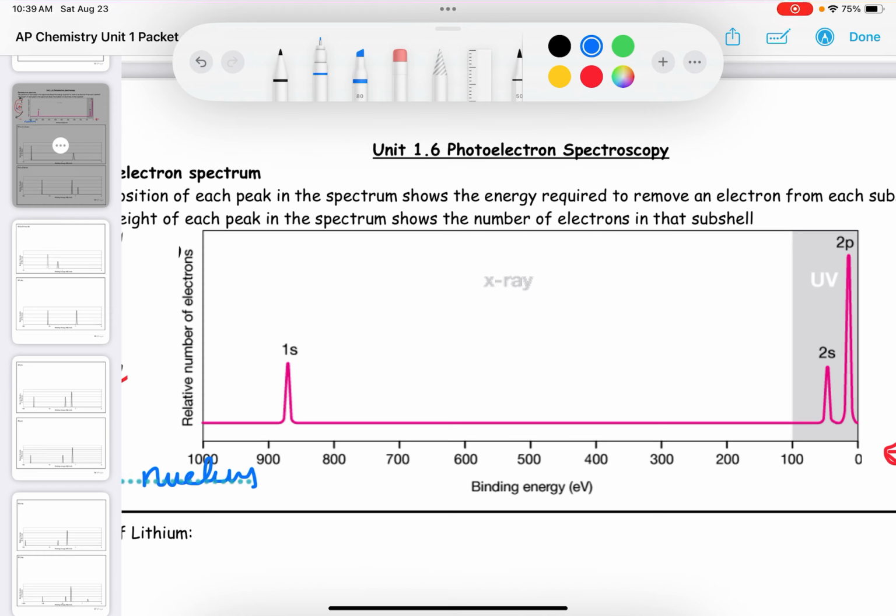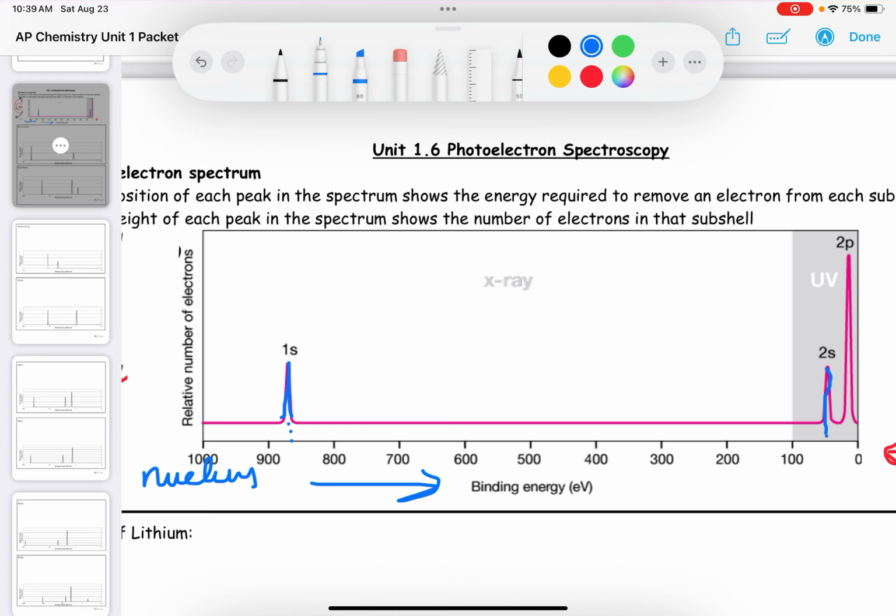That this is where the nucleus is, and then we move further from the nucleus as it goes to the right. Okay. And so the electrons that are represented right here, those ones have higher binding energy, and the reason why they have higher binding energy is because they are closer to the nucleus. And then these electrons that are right here, these have less binding energy than the first one that I drew because they're further away from the nucleus.